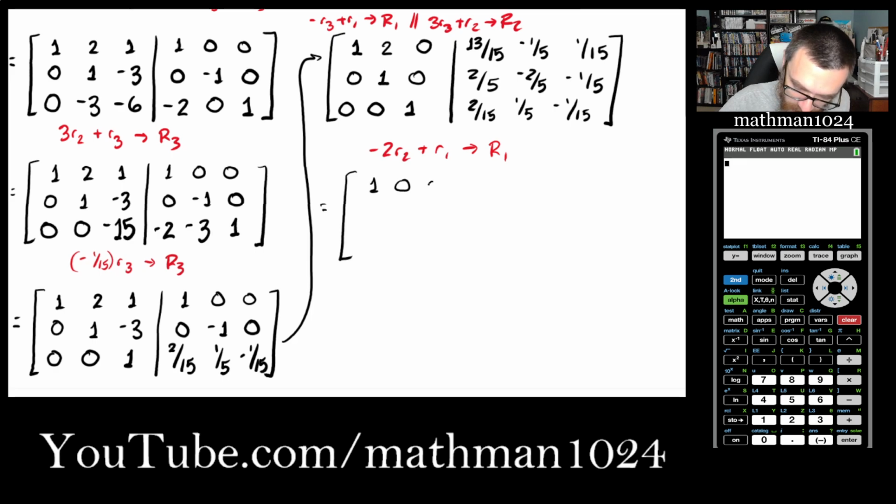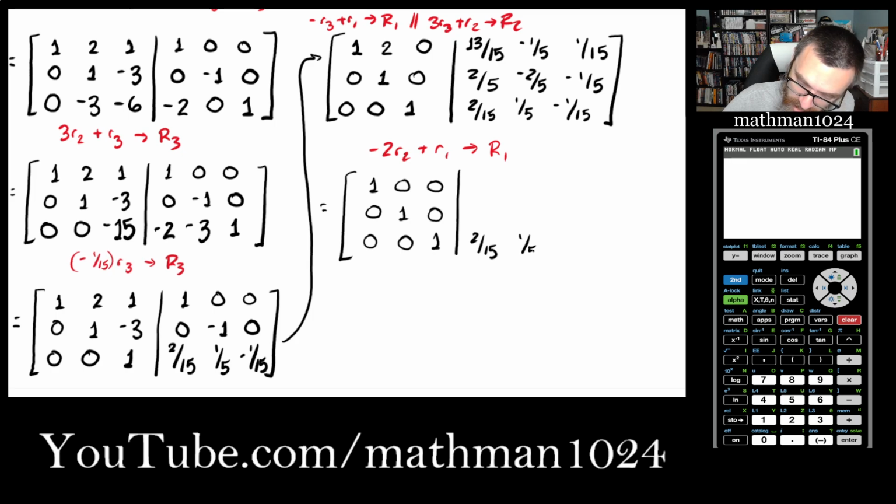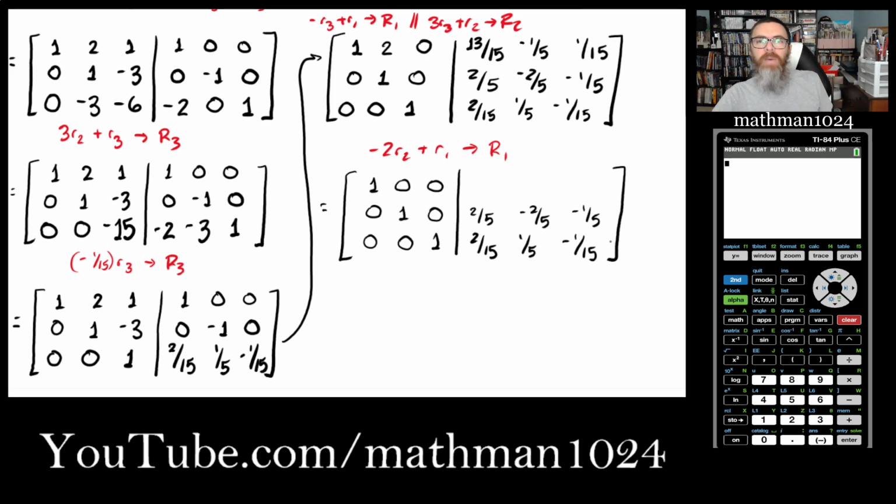Now, this should leave us with the 3x3 identity matrix here on the left. We did not change anything at this point for these last 2 rows. But now we will for the top one.